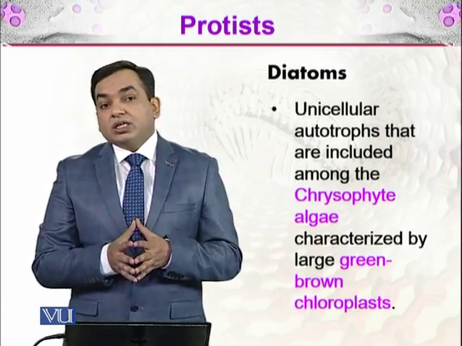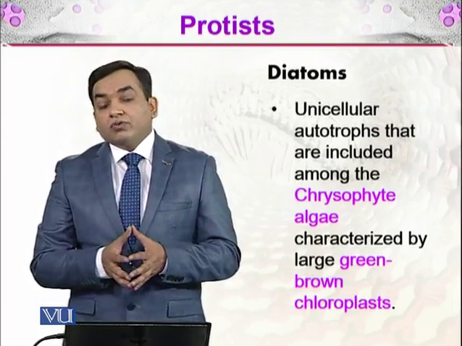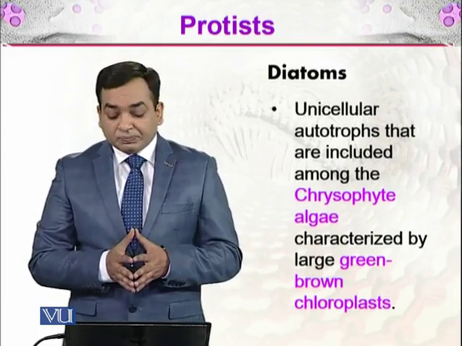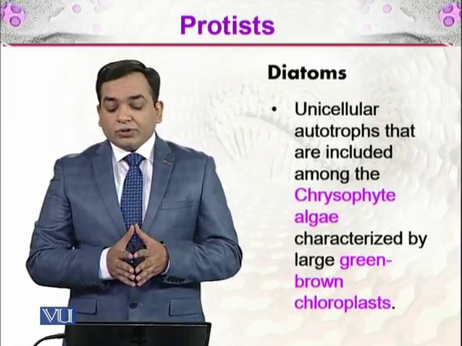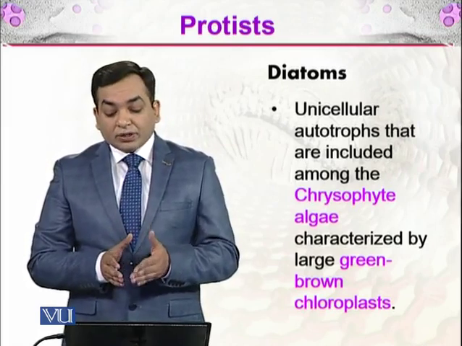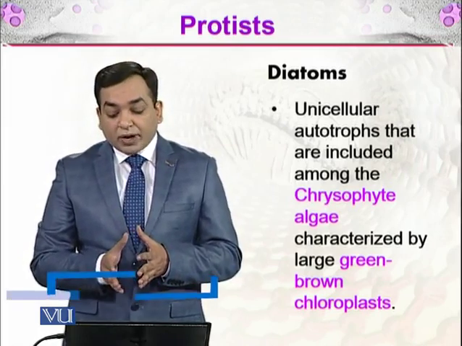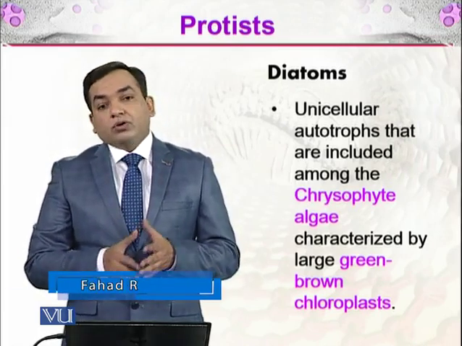And we can see their remains, and even today we have various types of diatoms which are present in our environment. So diatoms are unicellular autotrophs that are among the chrysophyte algae, and they are characterized by large green-brown chloroplasts.